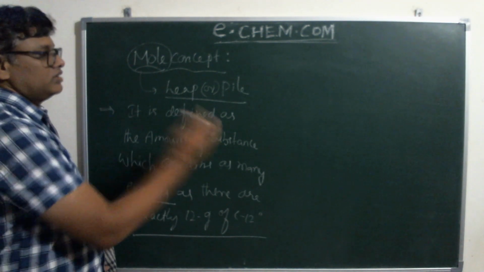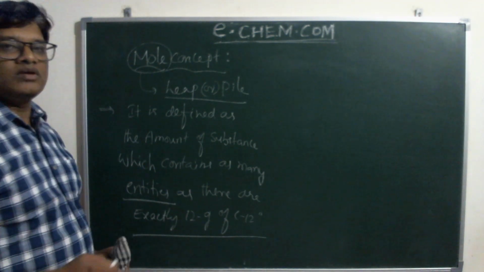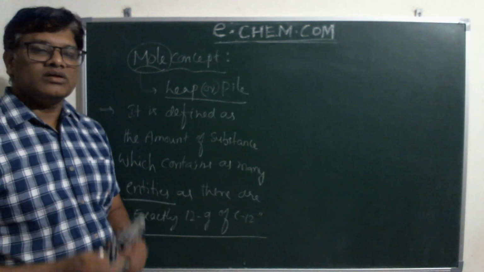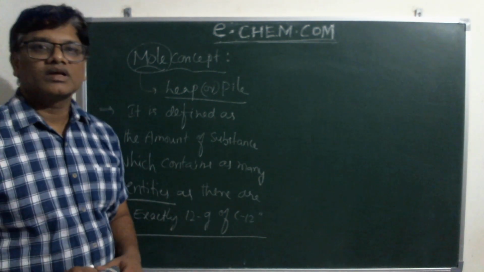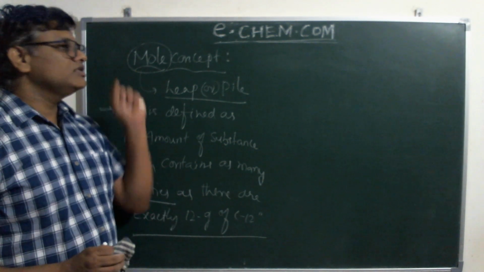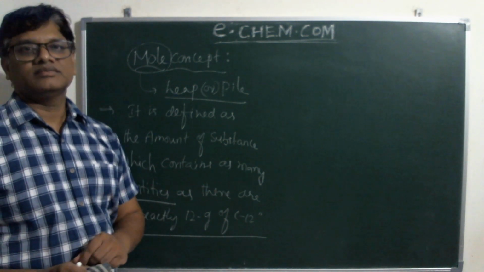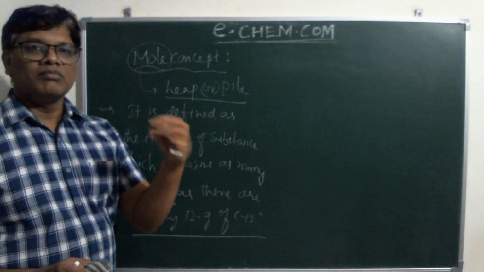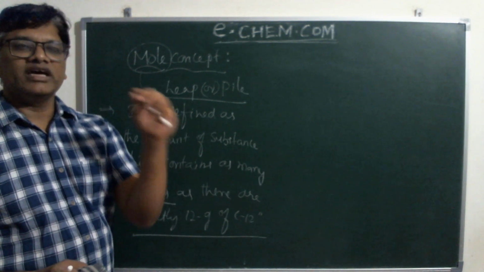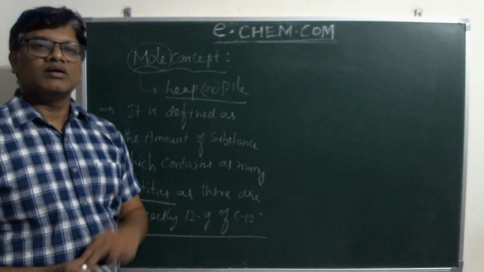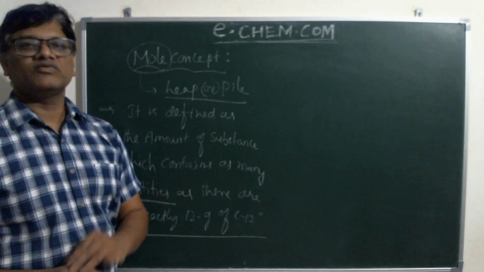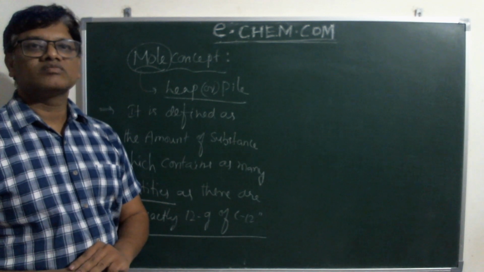So before studying thoroughly the mole, let us understand what is a mole. It is a basic unit like length, mass. Length we express in terms of meters or centimeters. Mass we express in terms of grams or kilograms.